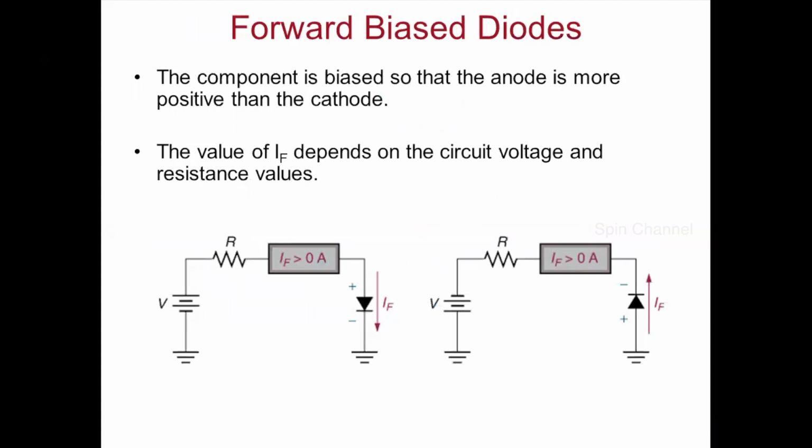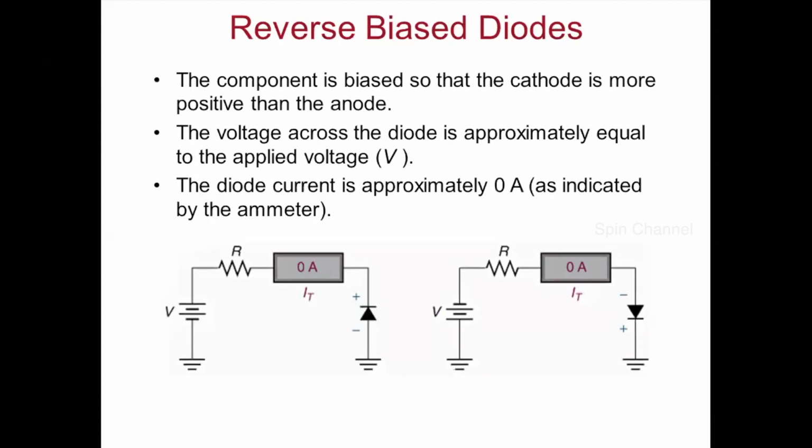I repeat, when the anode is more positive than the cathode, then the diode is forward biased. So in both the cases, the anode is positive when compared to the cathode, so the diode is forward biased. So the current I is greater than 0, and the value of current depends upon the value of the resistance and the value of the applied DC voltage.